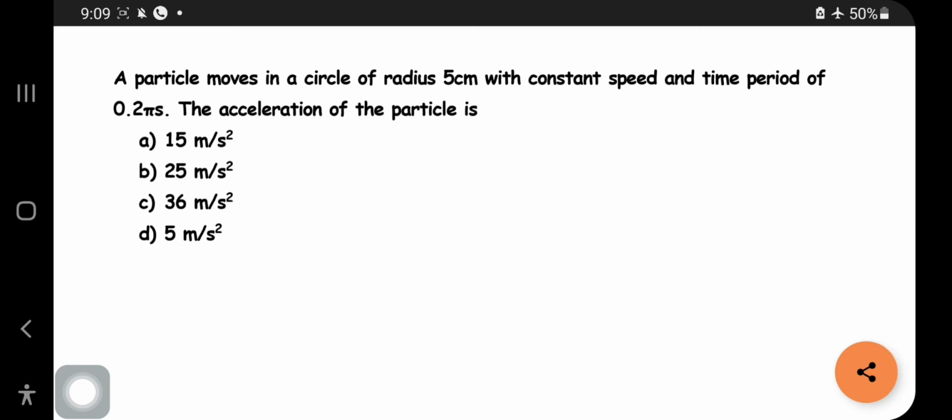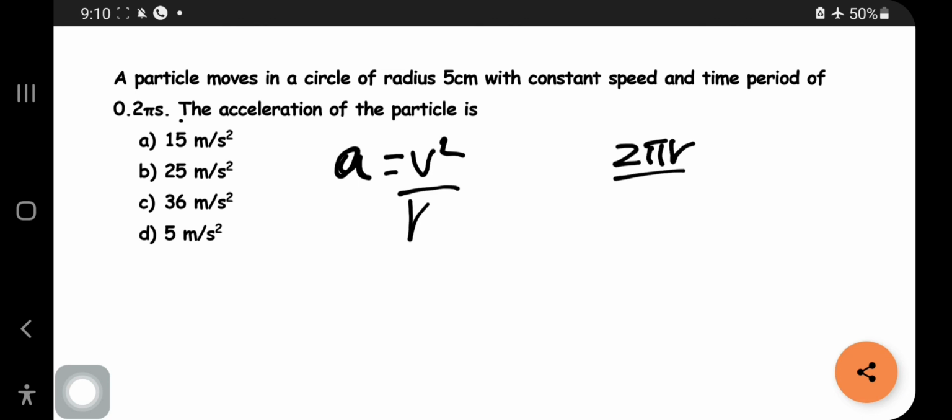So guys, this is another question, regarding the acceleration. What do you do for acceleration? The main thing is acceleration is equal to v square by r. They have given the time period. Time period is given by 2 pi r by v. Time period is equal to 0.2 pi seconds.